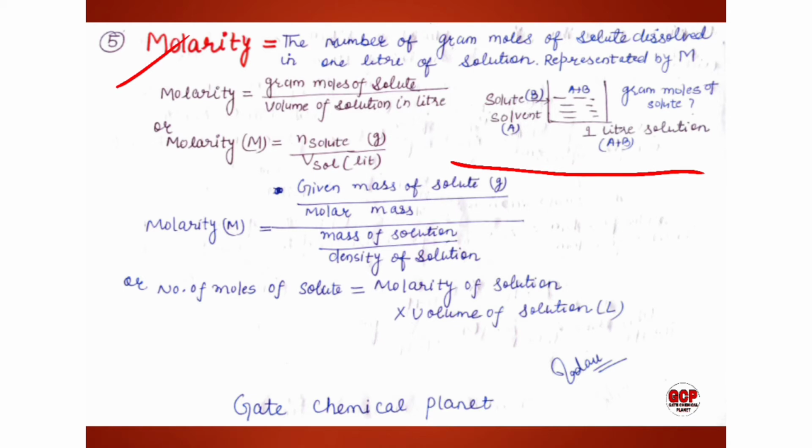This solution is made of A and B, where A is the solvent and B is the solute. And one very important thing in the case of molarity: we are considering the gram moles of solute. So always write gram moles of solute in 1 liter of solution.